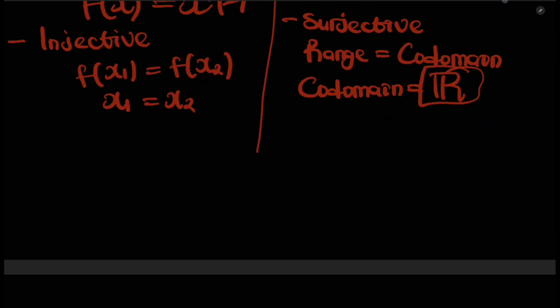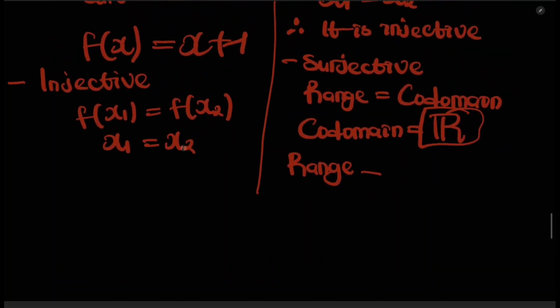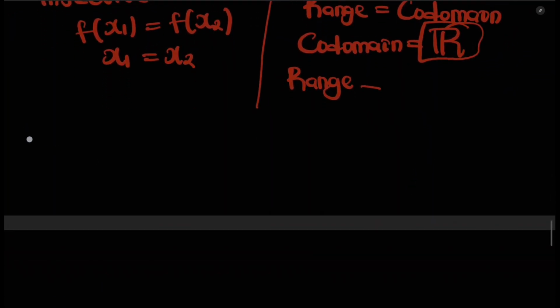So now we are going to find the range. To find the range, we need to look for the inverse of this function, and this takes us to inverses of functions.